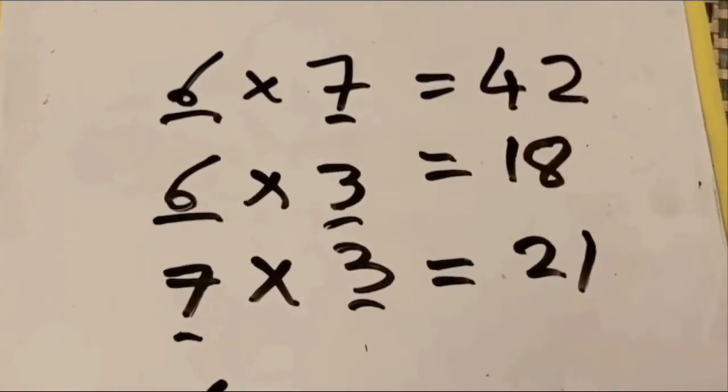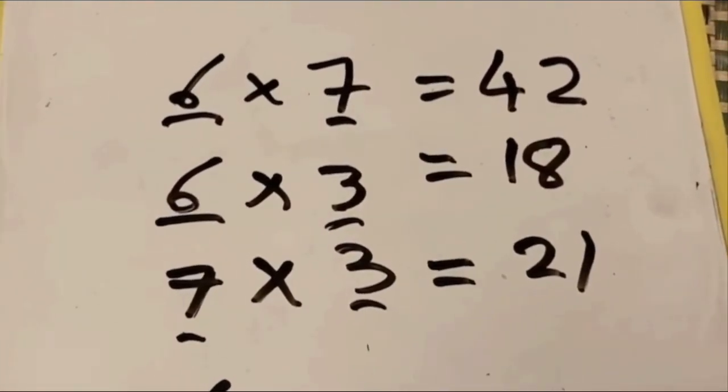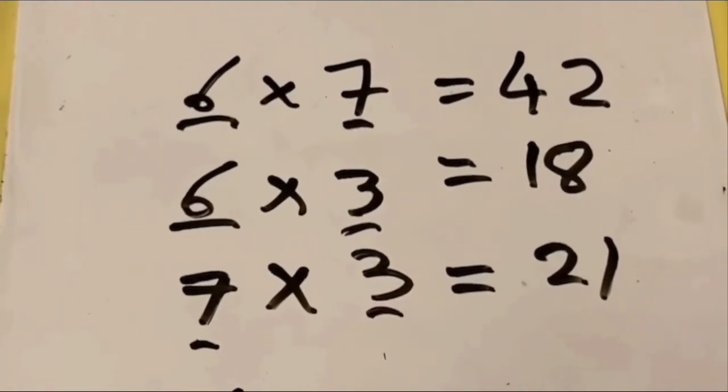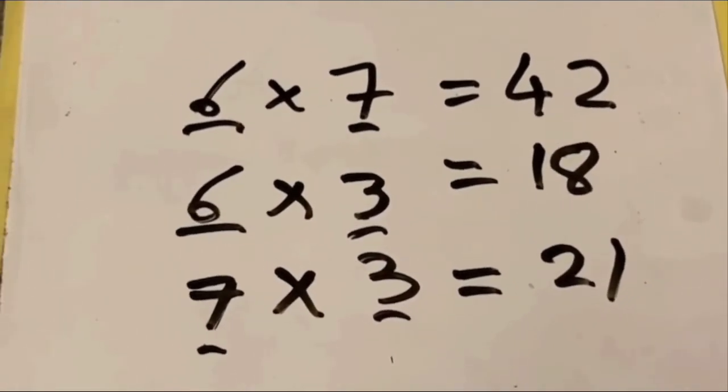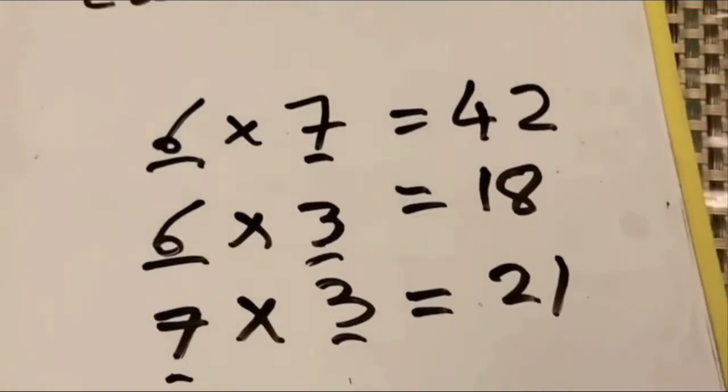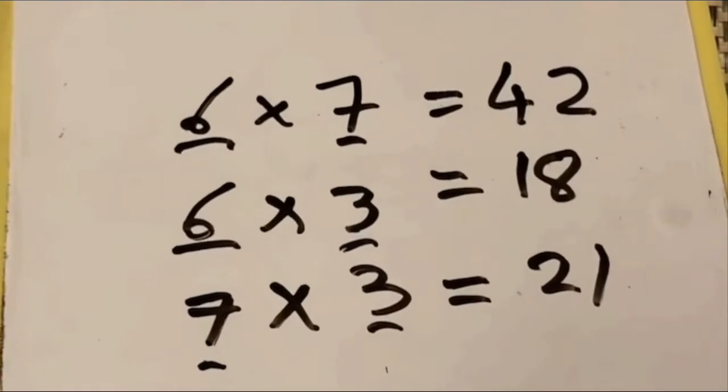Another way to solve this question is by thinking of the factors of all three numbers, 42, 21, and 18. So you think of the two numbers which multiply to give you these numbers, and each number must repeat twice.